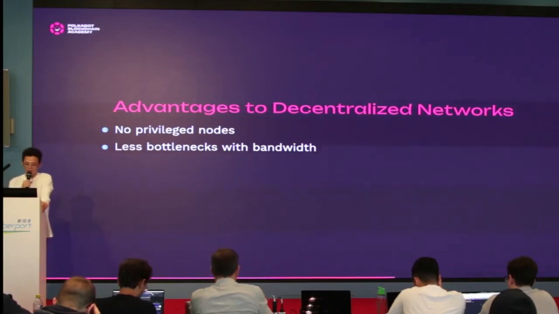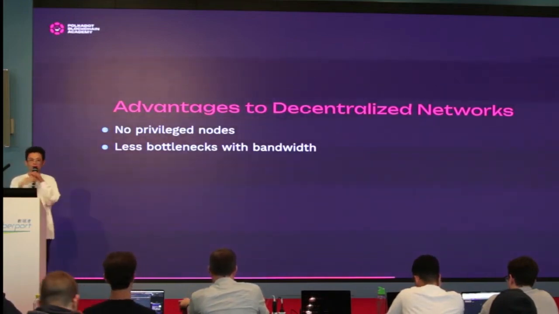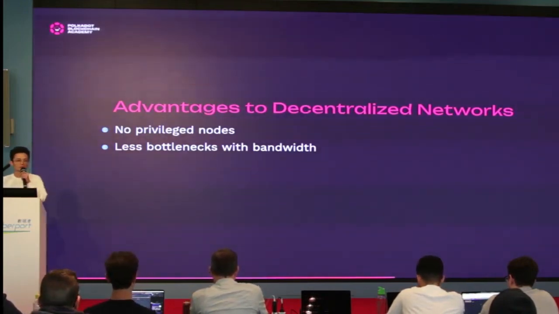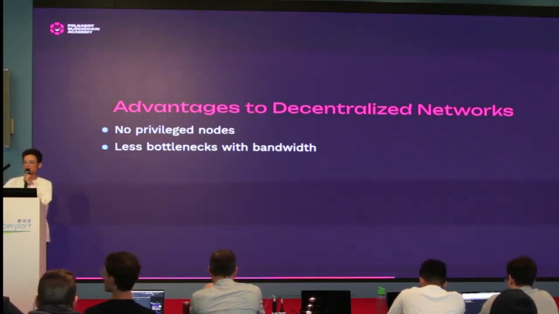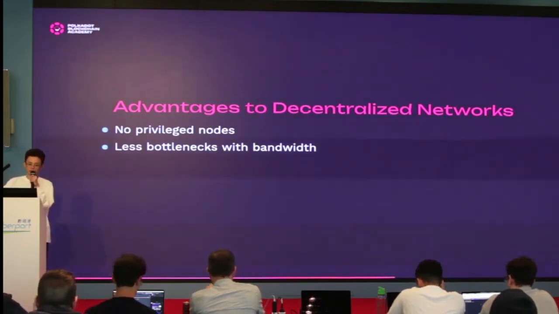And there will be less bottleneck with bandwidth. Just now, students talked about the DDoS attack. It is an attack leveraging the limited bandwidth of any node. When you have a computer connected to the internet, the bandwidth will always be limited. You cannot have unlimited bandwidth.